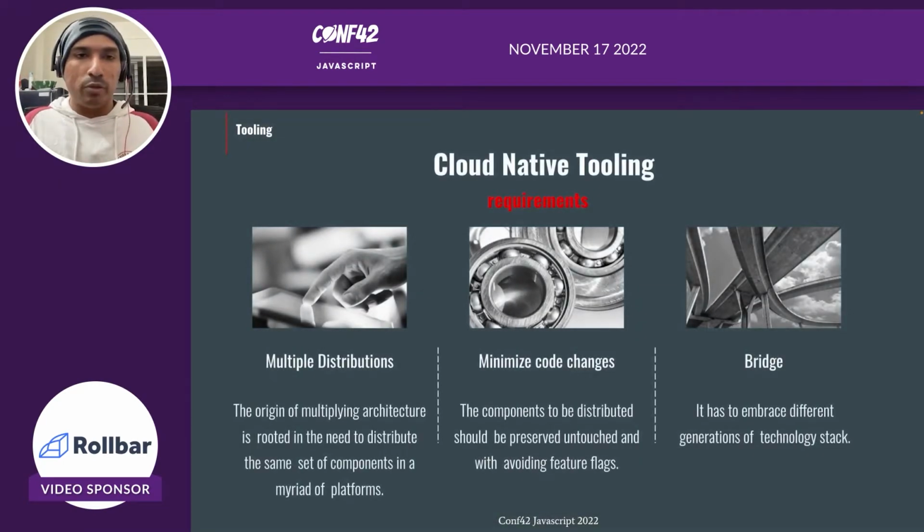So these were the requirements that we were thinking about. We actually started with multiple distributions. The web components that we have must run on various distributions: VSCode as an extension, GitHub as an extension, browsers as an extension, and finally as a web app.